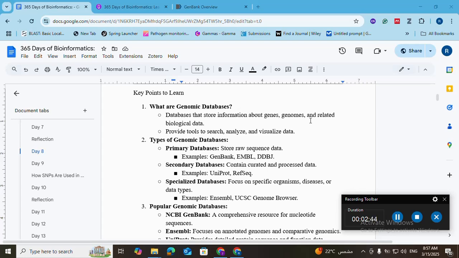What is the function of these genes? Which single nucleotide polymorphisms, SNPs, can be related to these genes? It not only provides organized information, it also provides tools. It provides tools to search. I want the gene of insulin, I will search for it. There are also tools to analyze.